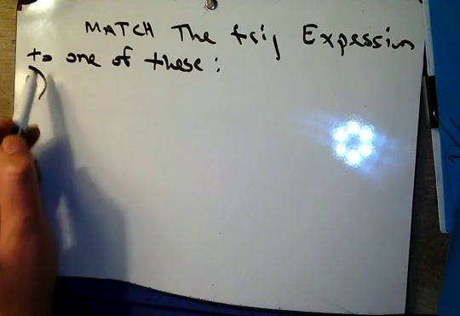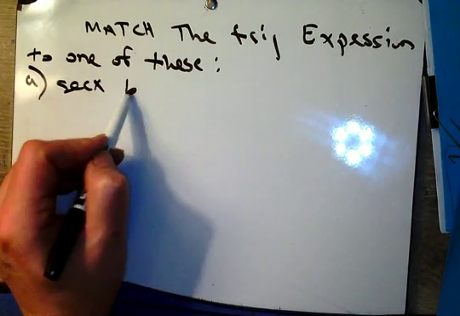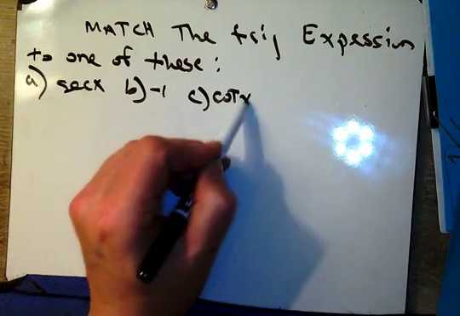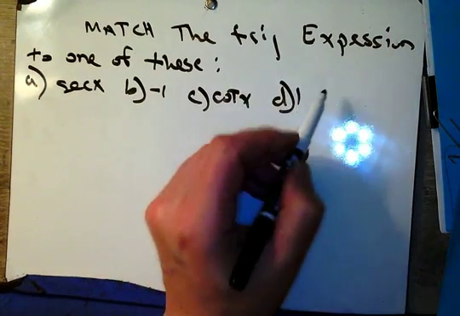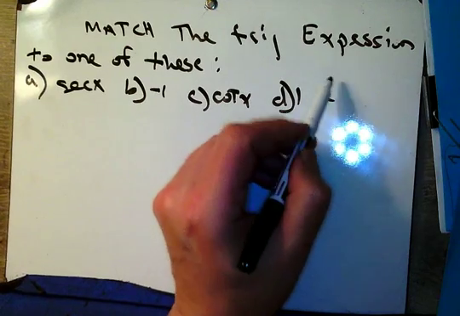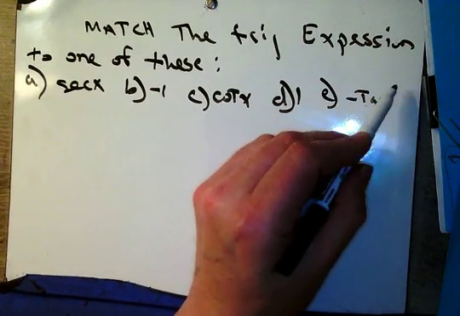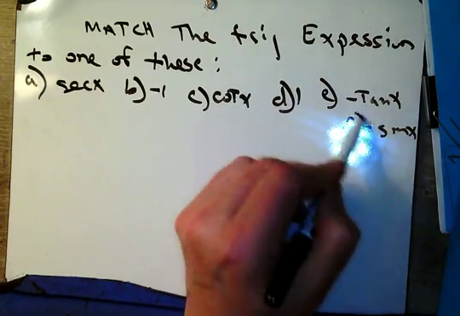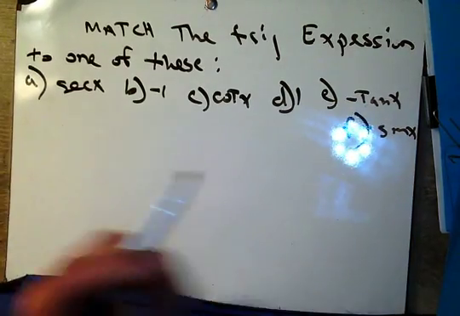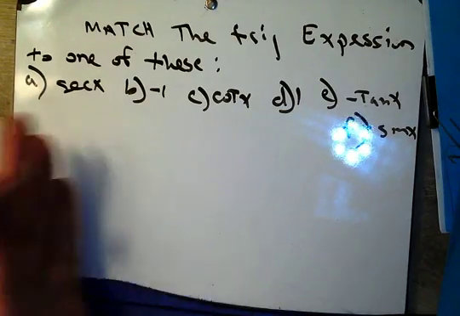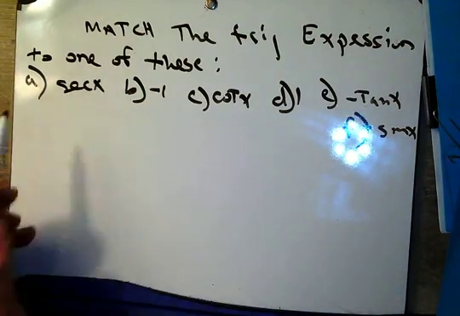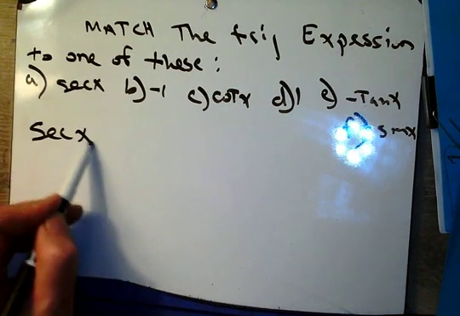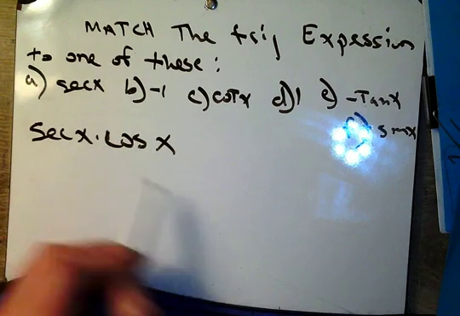We're told that A is secant x, B is -1, C is cotangent x, D is 1, E is negative tangent, and F is sin x. Okay? So we're going to look at some problems, and we're going to see which of them simplify to which of these letters. Okay, so our first one is secant x cosine x.